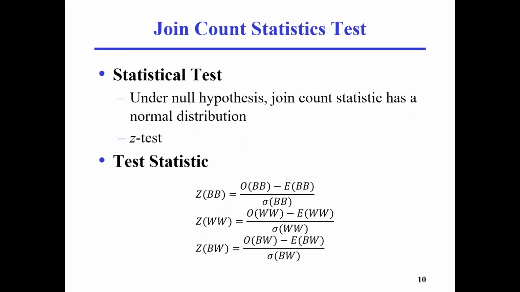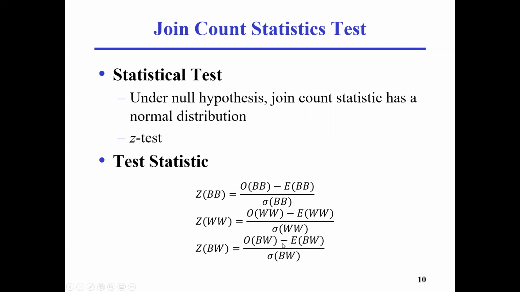So we're going to use the z-test. Under the null hypothesis, the join count statistic has a normal distribution, and we use the z-test directly. We don't have to talk about standard deviation or the number of observations anymore. We have three z-statistics: ZBB, ZWW, and ZBW. Their definitions are similar, so let's just use ZBW as an example. We have a numerator and a denominator.